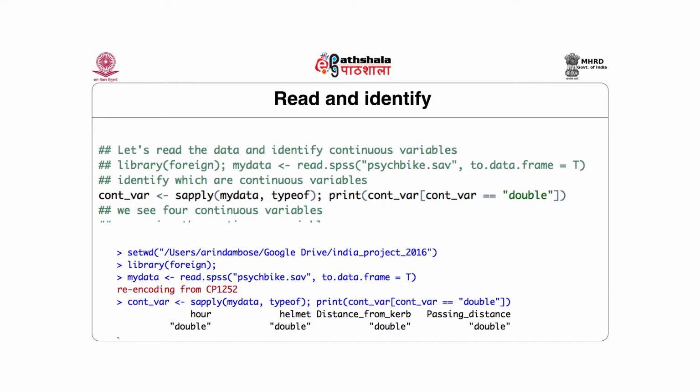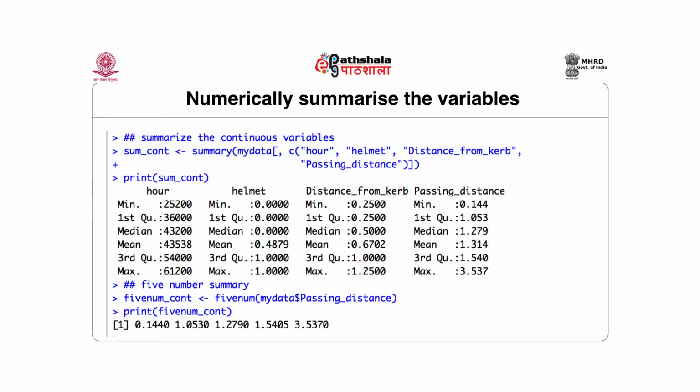So what's the best way to do the summary function? This is what we're going to study next. We're going to numerically summarize the variables. What that means is we could let R summarize the variable. There are two ways to do this. One is you can subset that particular variable from the data frame.